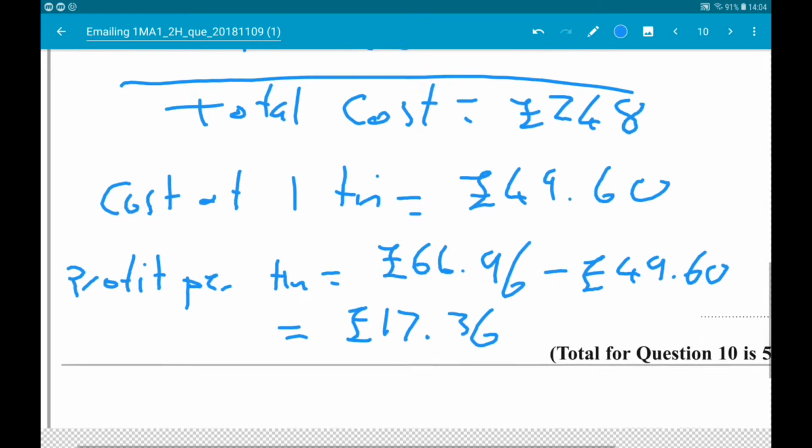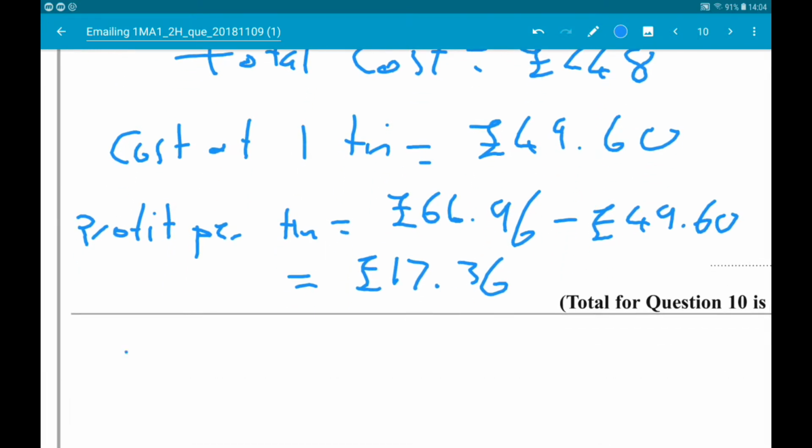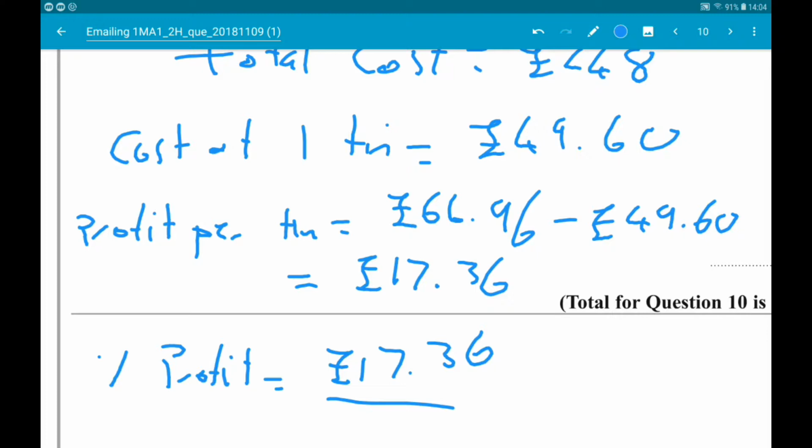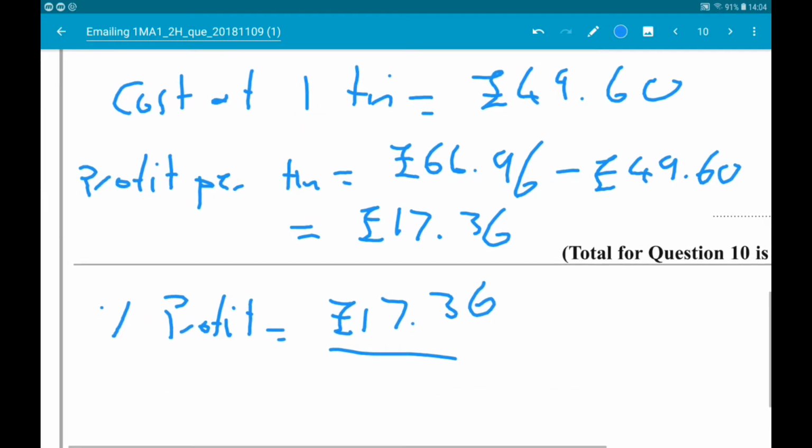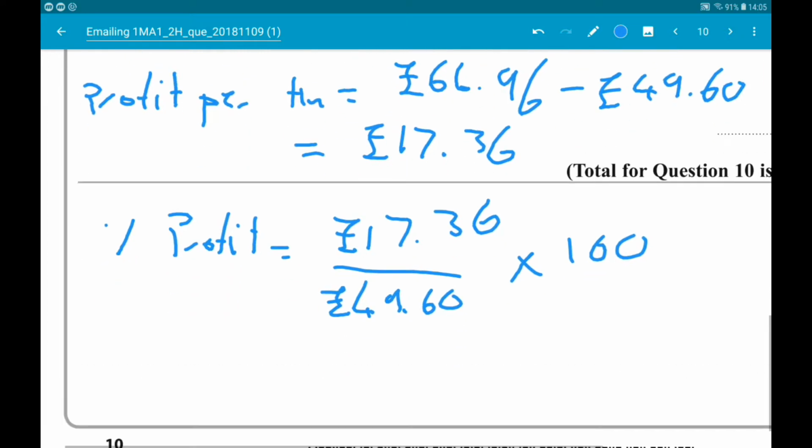So percentage profit is 1736 over 49.60 times 100, and that gives us 35%.